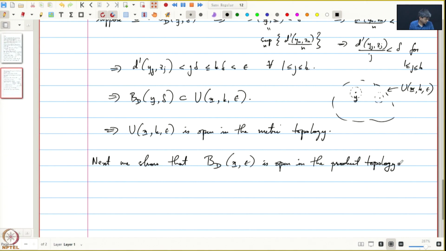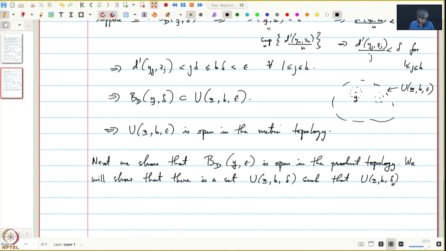What we will do is show that there is a set U x k delta such that U x k delta is contained in B d x comma epsilon.